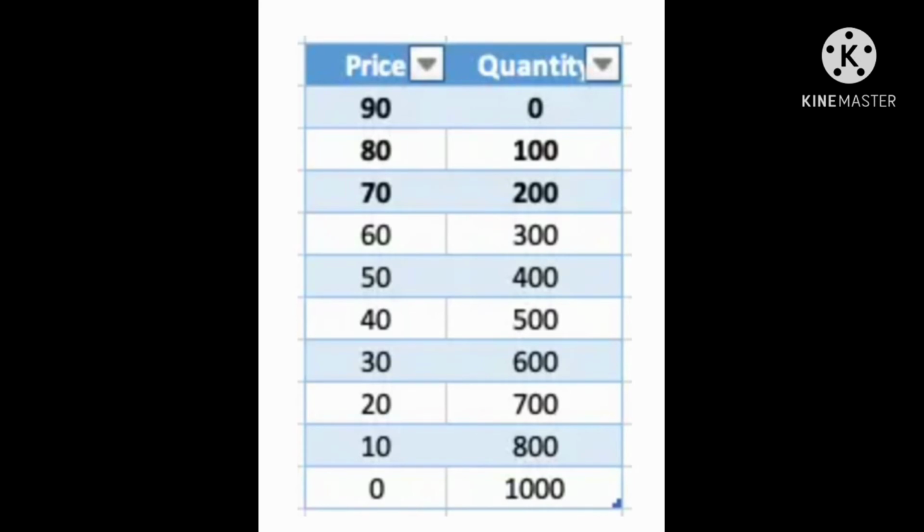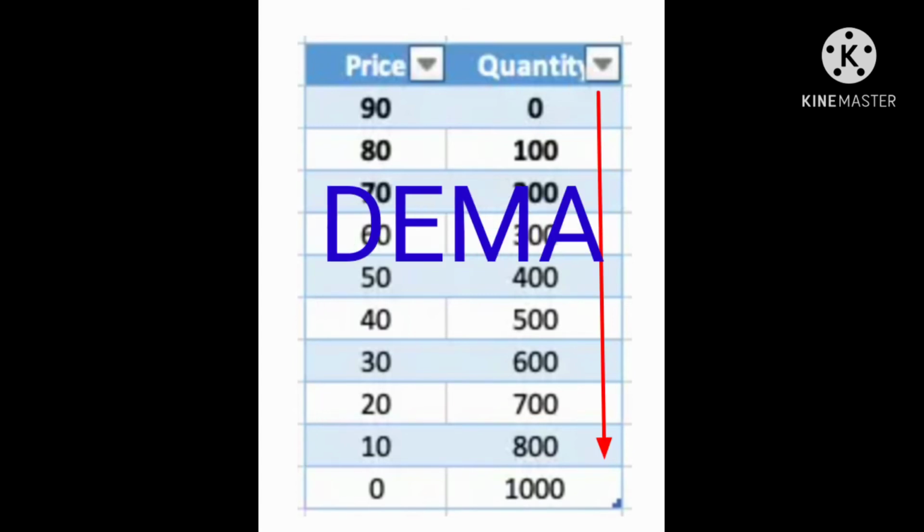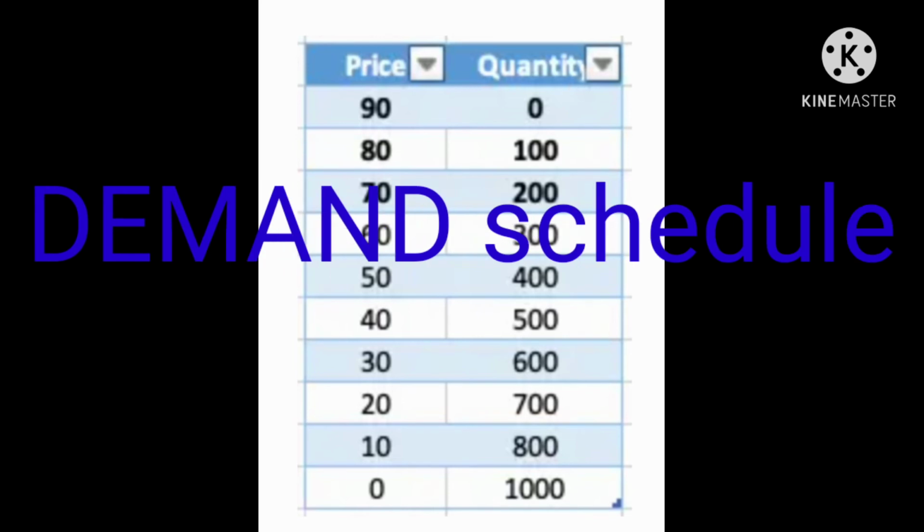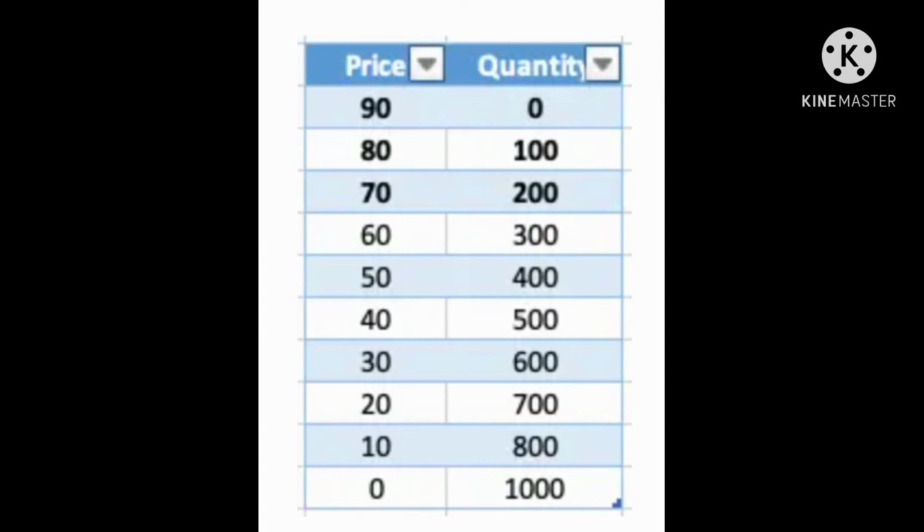We have two columns, the price column and the quantity demanded column. Price ranging from 90 to 0, and then quantity demanded ranging from 0 to 100. That's what is basically our demand schedule, relating price and quantity demanded at that particular price. For example, at 90, 0 is demanded.